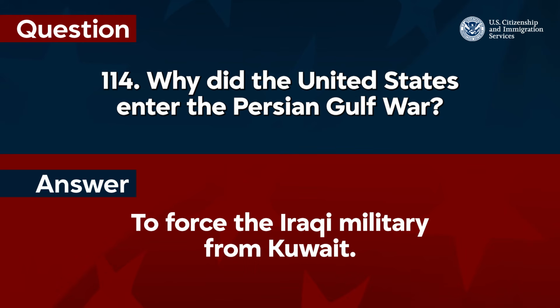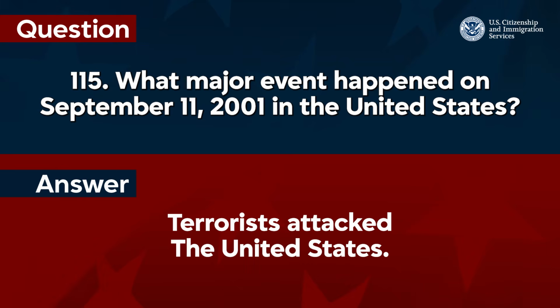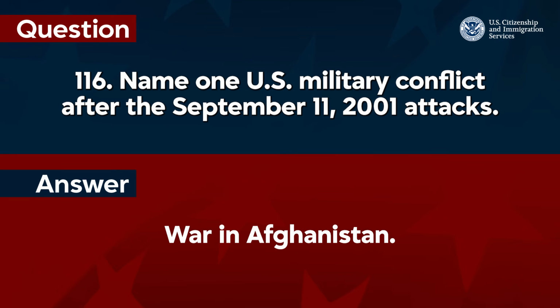To force the Iraqi military from Kuwait. What major event happened on September 11, 2001 in the United States? Terrorists attacked the United States. Name one U.S. military conflict after the September 11, 2001 attacks. War in Afghanistan.